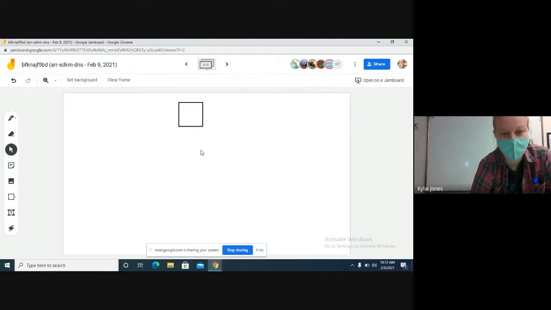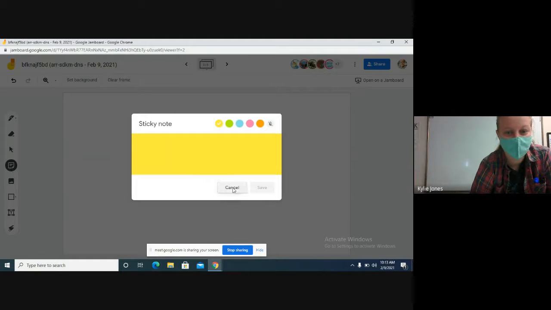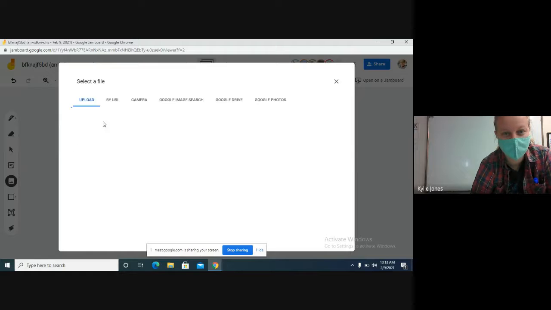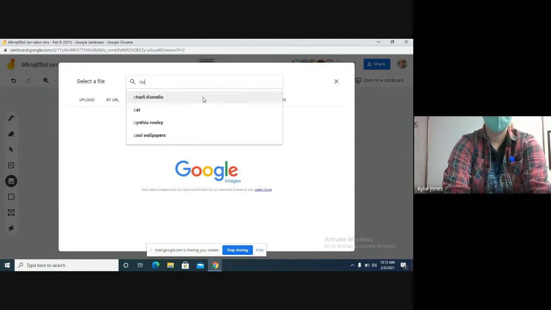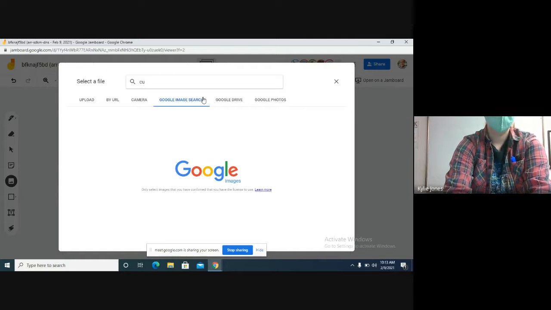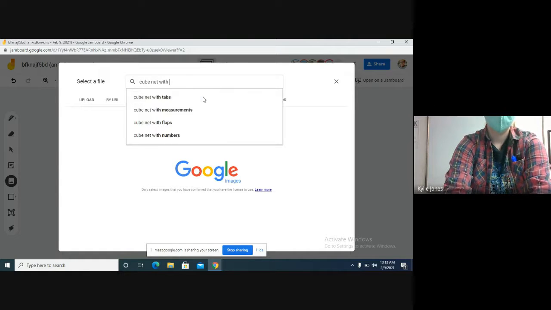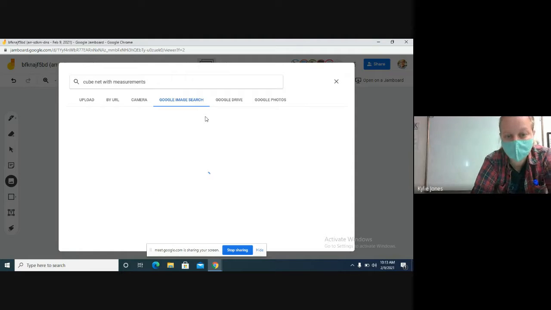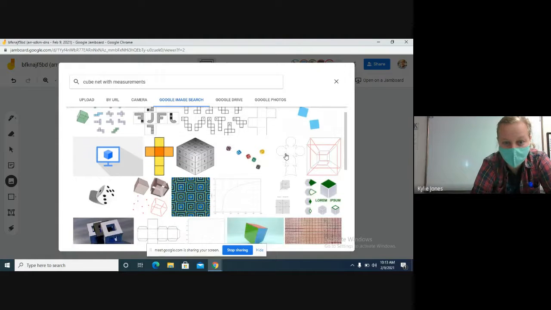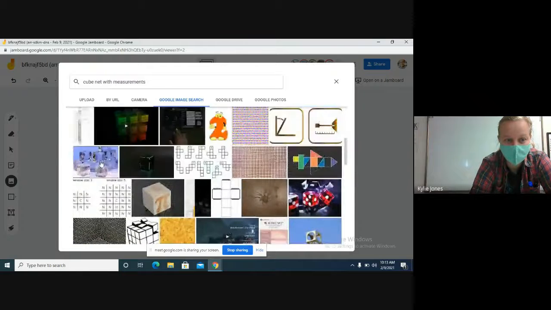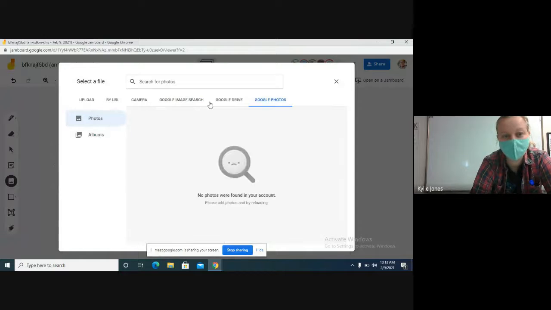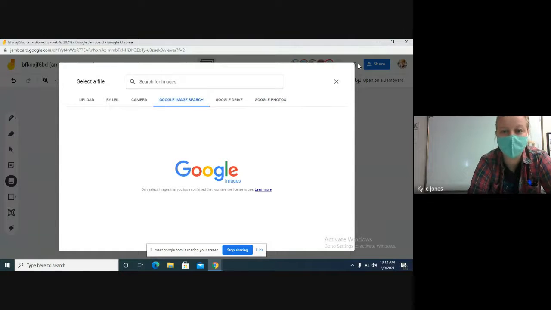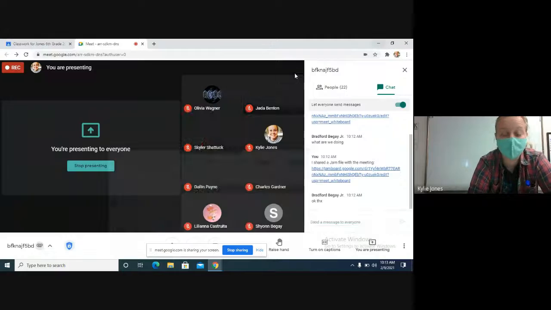Okay, I have a better idea with what I'm going to do here. Why is there not one with measurements? This might take a minute.